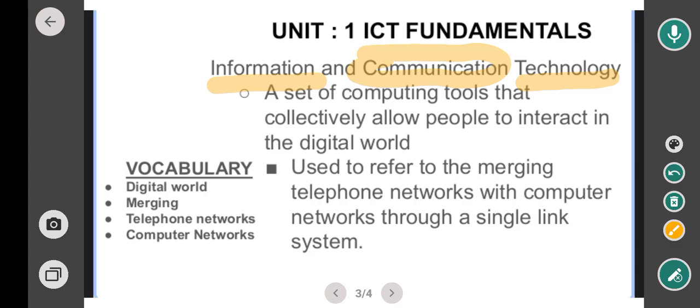ICT basically gives us the concept of a set of computing tools. So the question arises, what is computing? Computing basically means you give it input, and the data is input from the user, and after processing it gives you output.